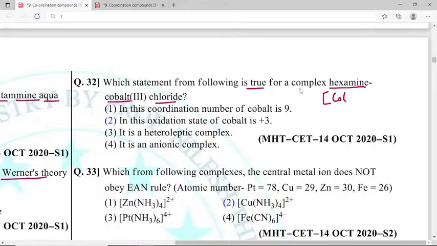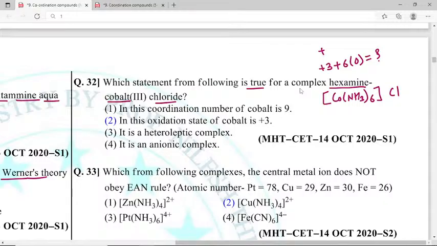Cobalt, Co, NH3, 6 times. And then chloride. So what is the chloride here? Cl. So oxidation state of the cobalt is +3. Plus 6 times ammonia 0 is equal to question mark.